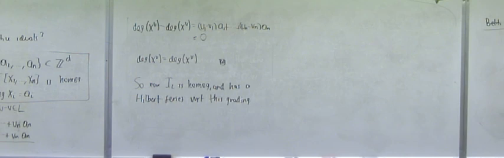Okay. And let's start with this example. So here's our ideal, okay? And we want to resolve it. So remember, what do we do? Well, the first step is that we take each one of the generators of our ideal. In this case, there's only one of them.